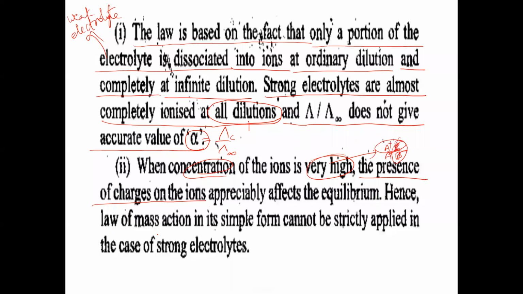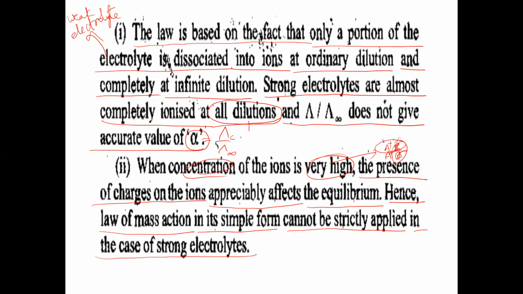Hence, the law of mass action in its simple form cannot be strictly applied in the case of strong electrolytes. As we cannot apply the law of mass action to strong electrolytes, we cannot use Ostwald's dilution law to explain the degree of dissociation of strong electrolytes.